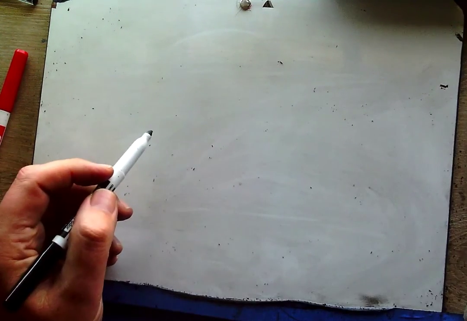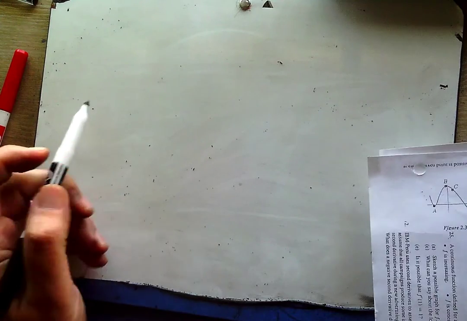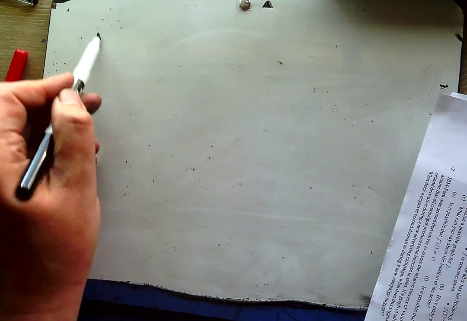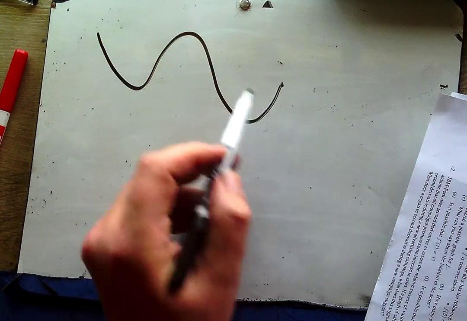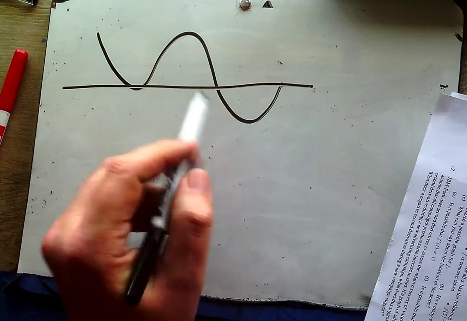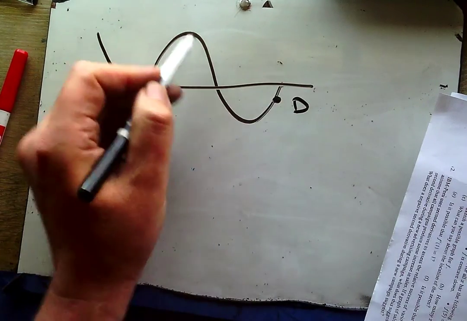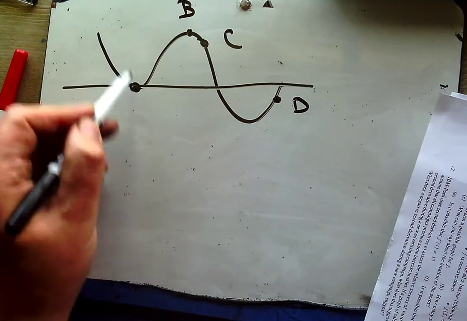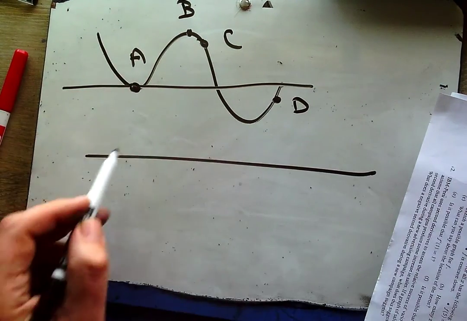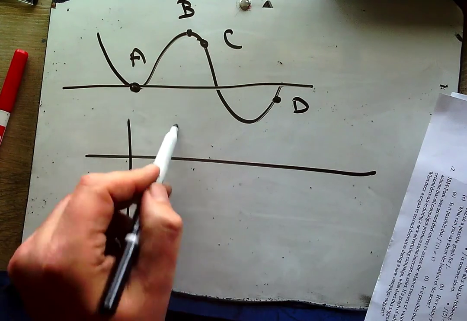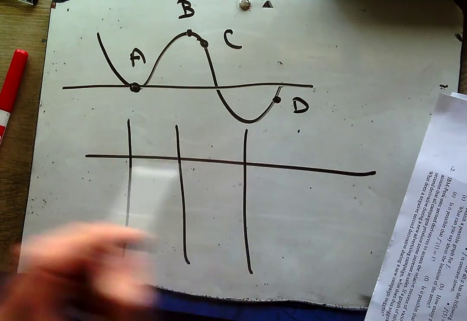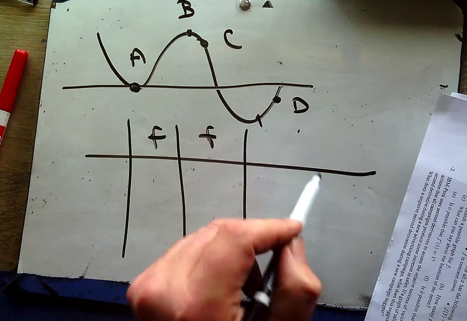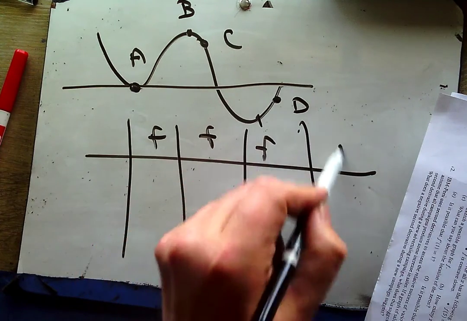All right. Last problem is over here on the side of the page. We're given this graph there. That's D, that's C, that's B, and that's A. And again, we have the table, except they've rotated the table sideways. So this is F, F prime, and F double prime.